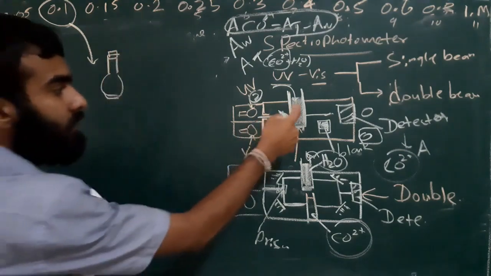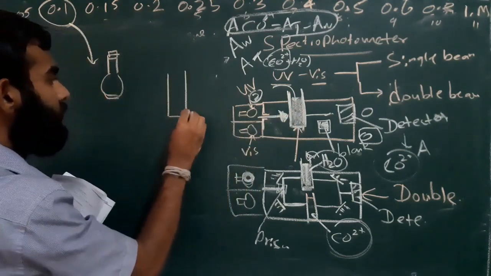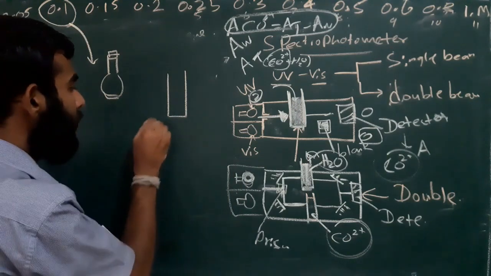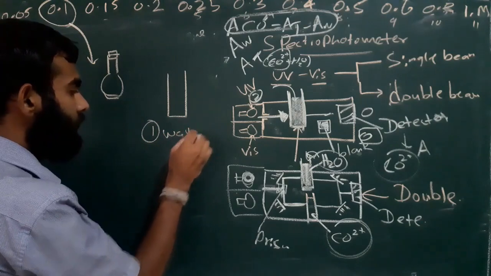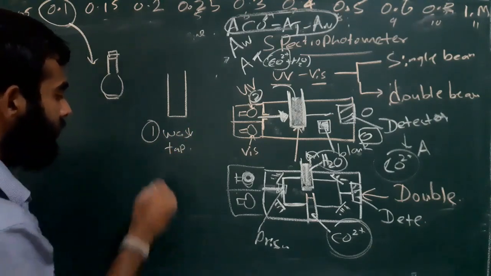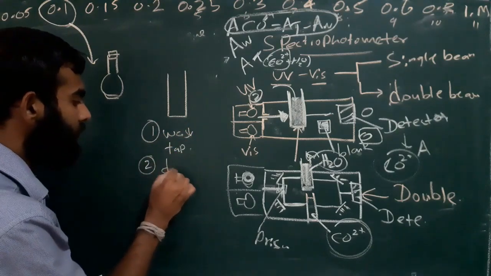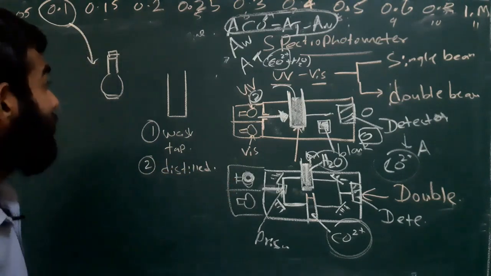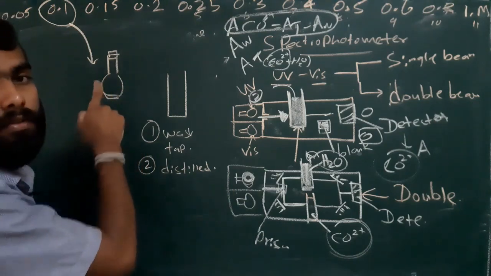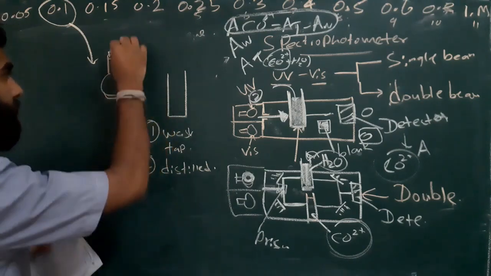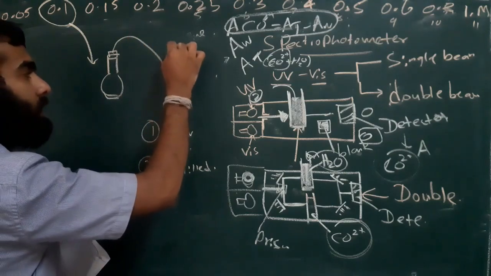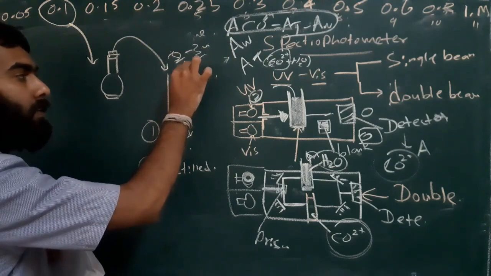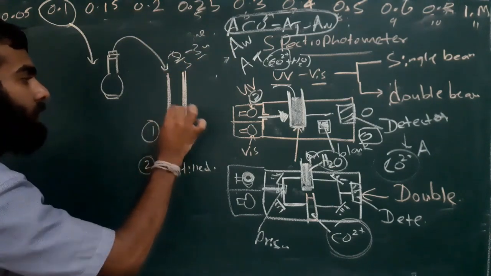Okay, now I will get this sample cell. Initially what we have to do, we have to clean this sample cell. First thing, we have to wash with tap water. Next, we have to rinse it with distilled water. Again, we have to rinse it with this particular solvent or solution. We add a small amount, around 2 to 3 milliliters or 5 milliliters, and we will rinse the inside wall of this cell.